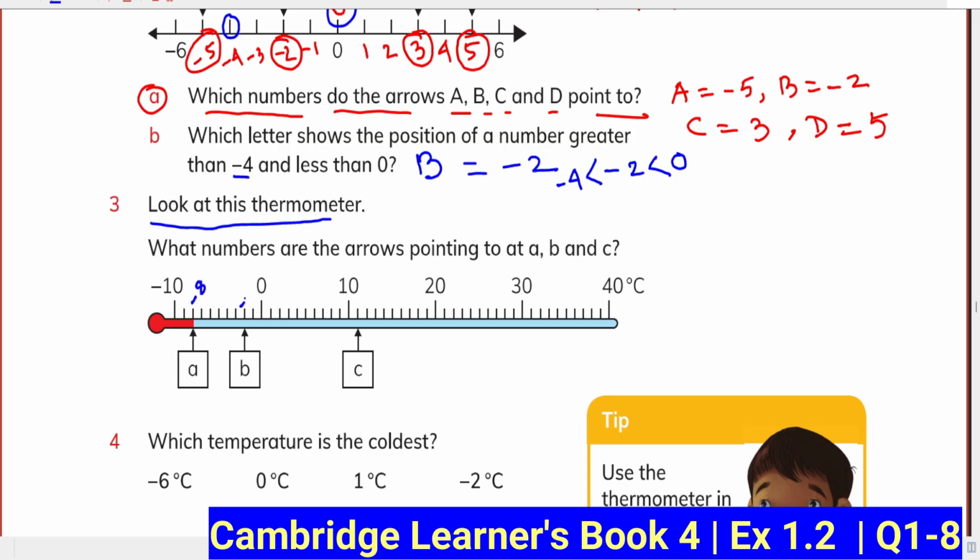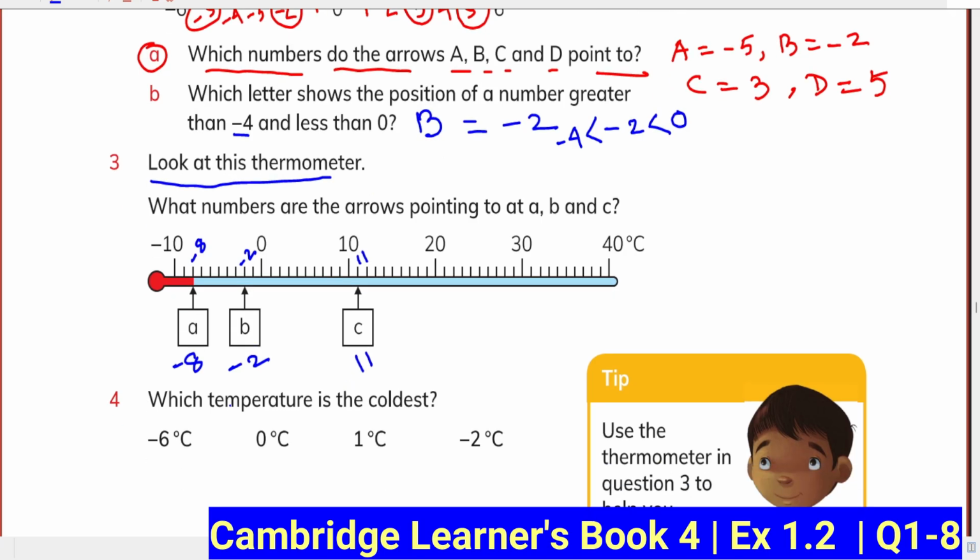This one is -2. It's a 10, and next one is 11. So we can say A means -8, B means -2, and C means 11. It should be plus, right?